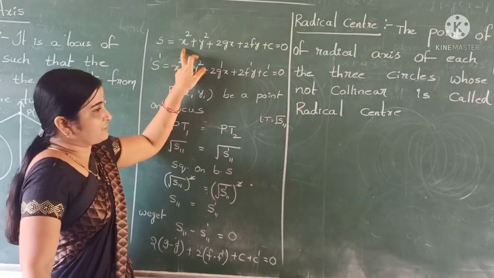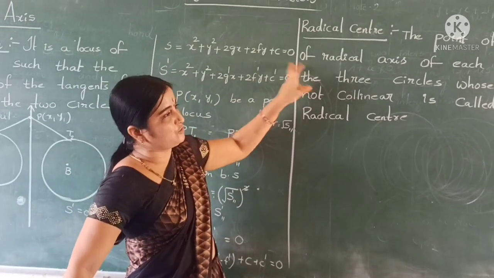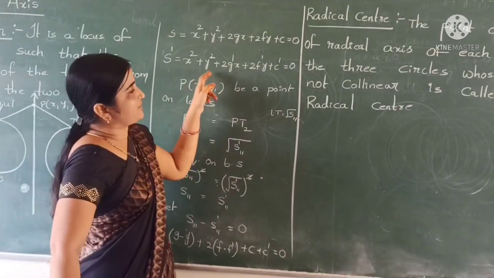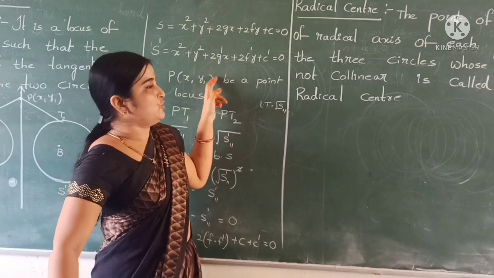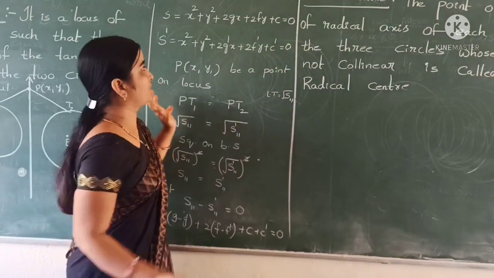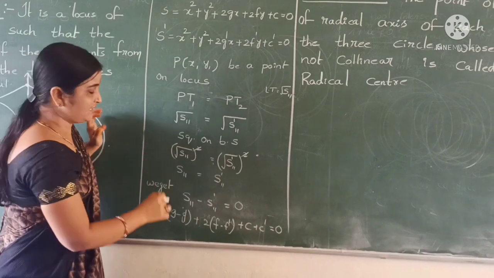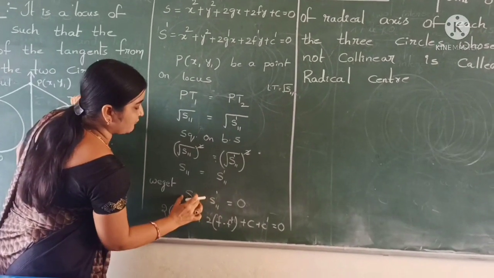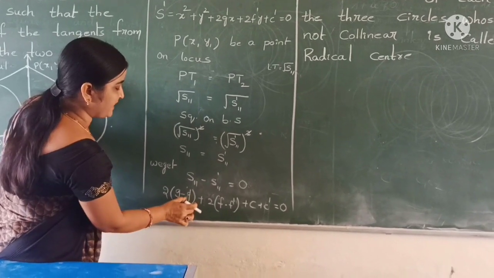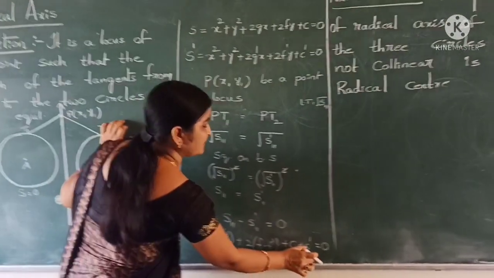S11 means x1 square plus y1 square plus 2g x1 plus 2f y1 plus c, and S dash 11 means x1 square plus y1 square plus 2g dash x1 plus 2f dash y1 plus c dash. From these two equations, I wrote in S11 notation and subtracted, so we get 2 into g minus g dash plus 2 into f minus f dash plus c minus c dash.